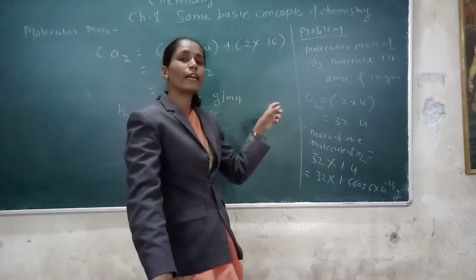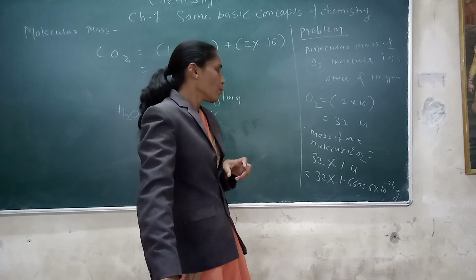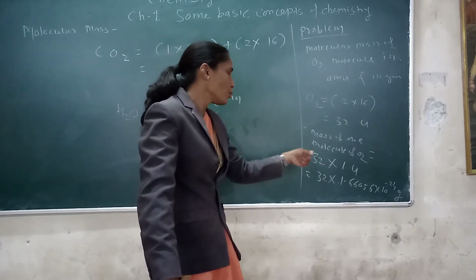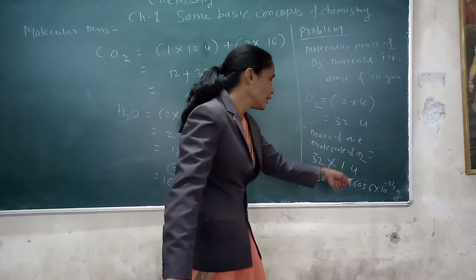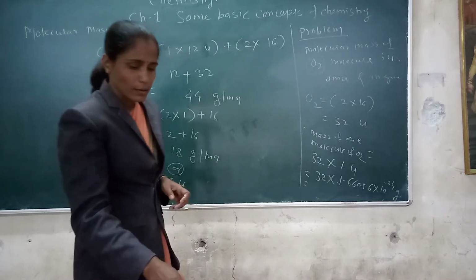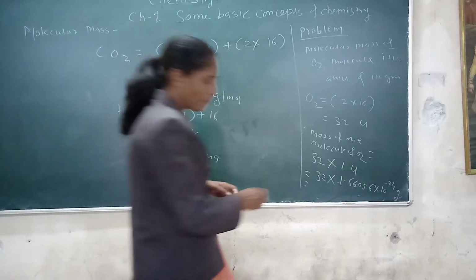For conversion of unit into gram, the value of the unit is multiplied by 32. We get the answer here as 53.